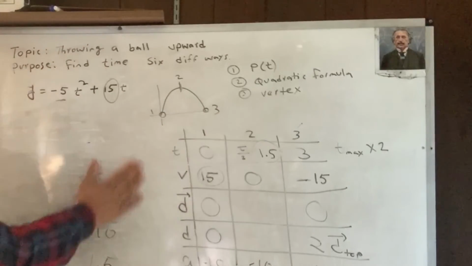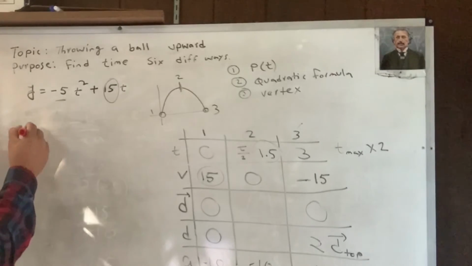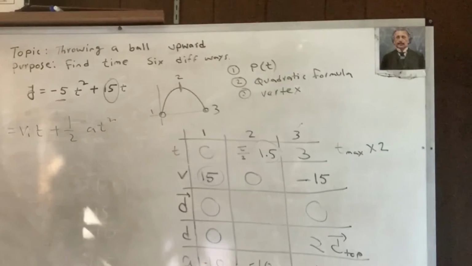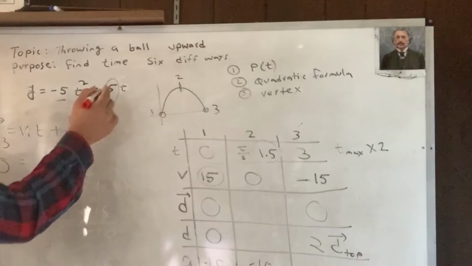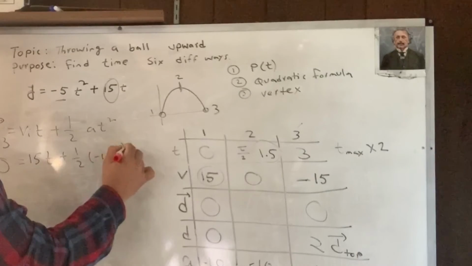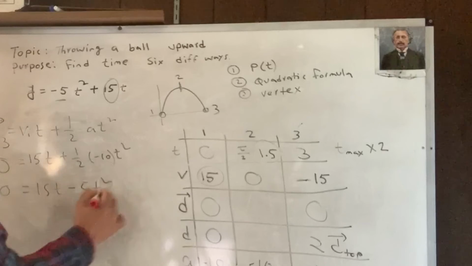Alright, let's see what other formula we can use. Can you use d equals vit plus half at squared? Yes. The displacement has to be 0 at location 3. Then you get the elapsed time, because the ball falls exactly at the same location. So Vi is 15. So 0 is equal to 15t minus 5t squared.